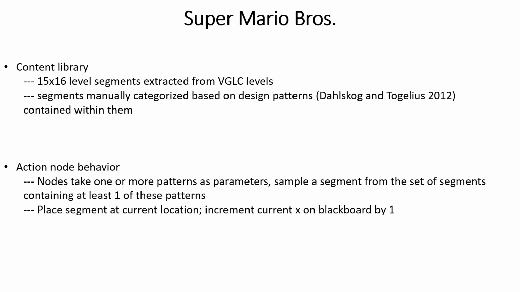The action nodes were then defined to take one or more of these patterns as parameters and sample a segment that contained at least one of these patterns. And then after placing the segment at the current location in the level, it would increment the x direction on the blackboard by 1 since Mario levels progress exclusively to the right.